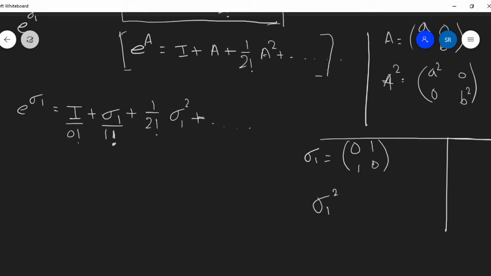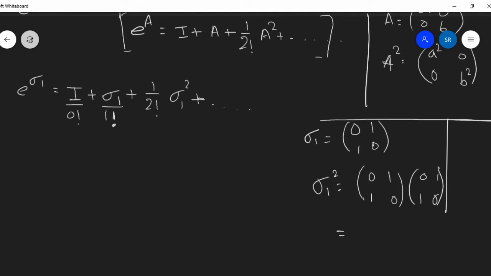So what's sigma 1 squared? Let's find out. This gives us 0, 0. So this is 1. Then this row and this column gives us 0. This gives us 0. And this row and this column gives us 1. So this is an identity matrix.